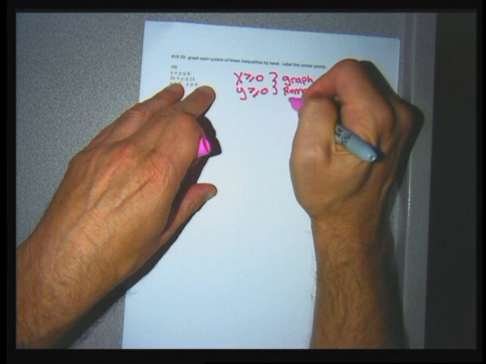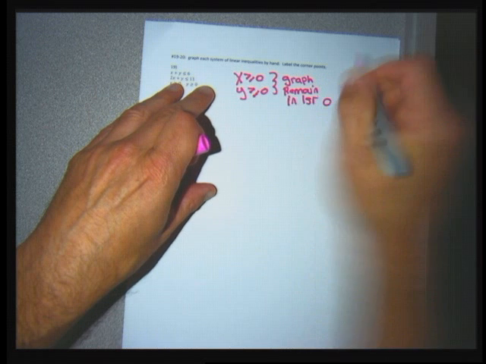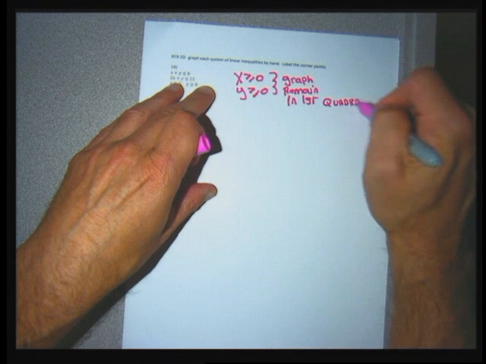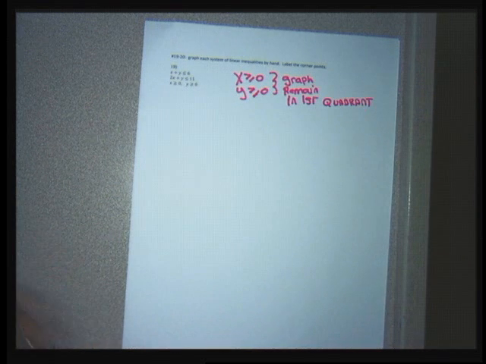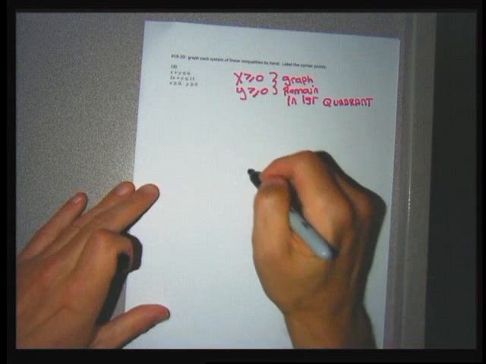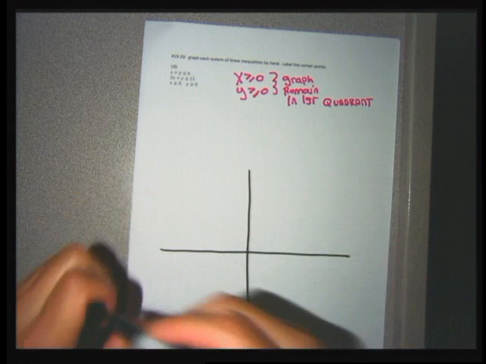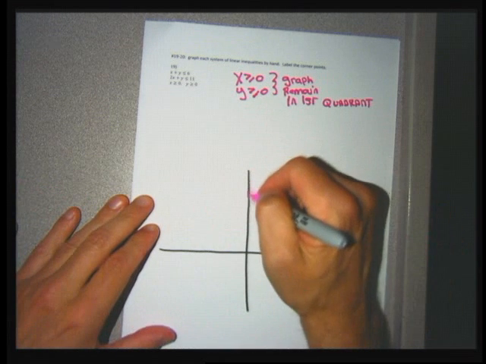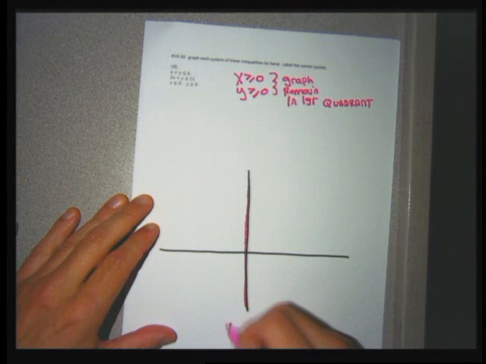Well, I might show them a little bit. Technically, x is greater than or equal to 0 is the y-axis, and you shade to the right. And y is greater than or equal to 0 is the x-axis, and you shade up. So I'll try to show those, but you can't really see them that well. For x is greater than or equal to 0, this is the line x equal to 0.